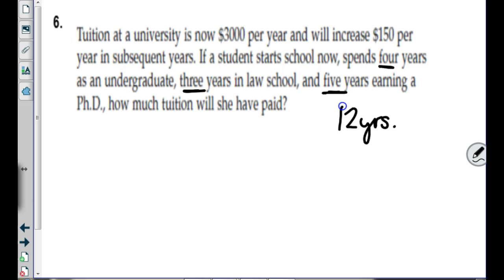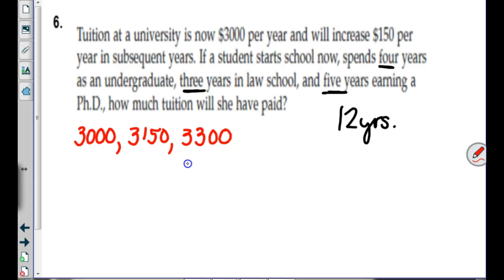And what do we want to know? So we want the total, right? Is this arithmetic or geometric or neither? So it's just going up straight 150, right?